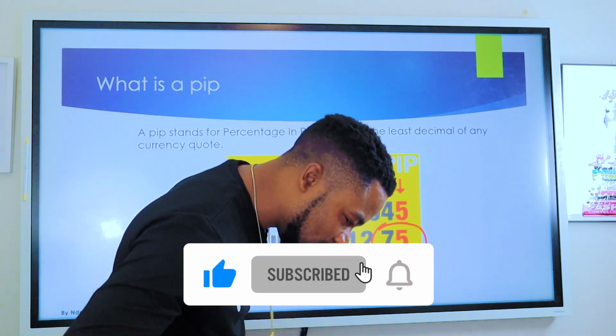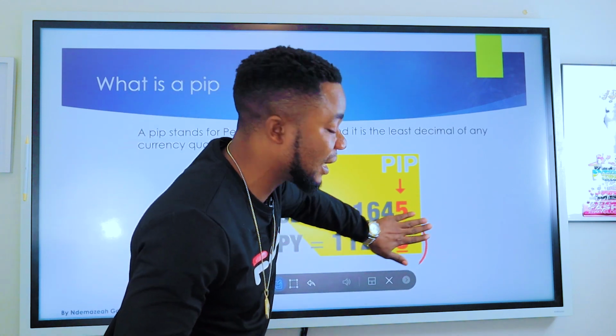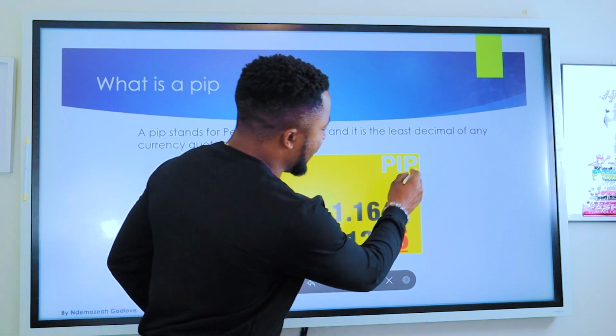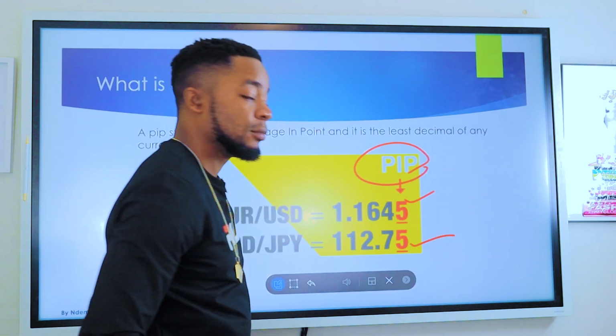Any other currency you see on Forex, any other quote you see, will follow this same system. That's why you see here I have the PIP, and if you come down, the PIP is this one and this one.